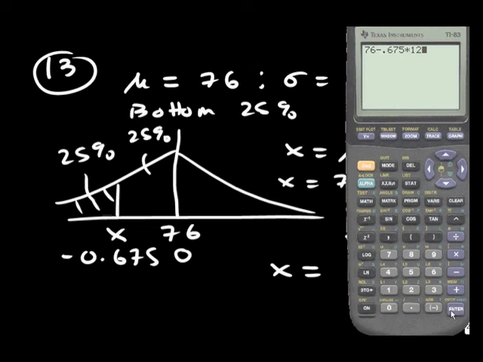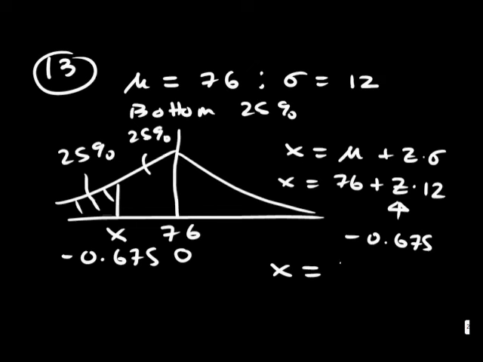We get 67.9. This is the value of x. Looks like this is the phone bill amount that represents the bottom 25%. First quartile value, 25th percentile.